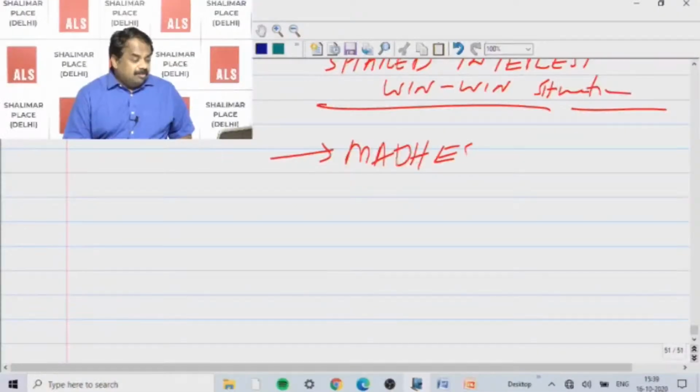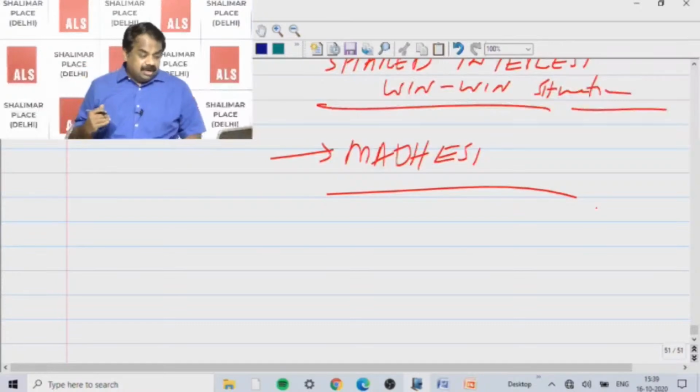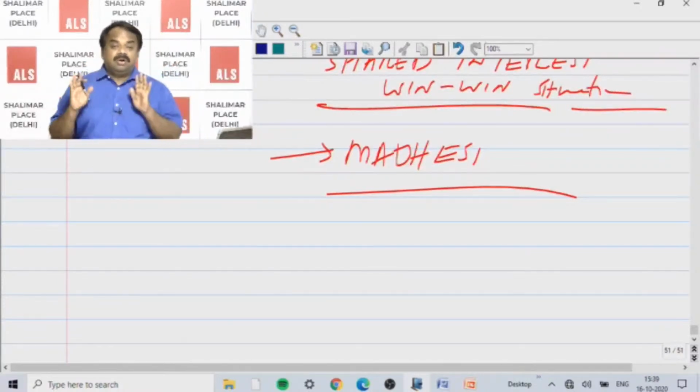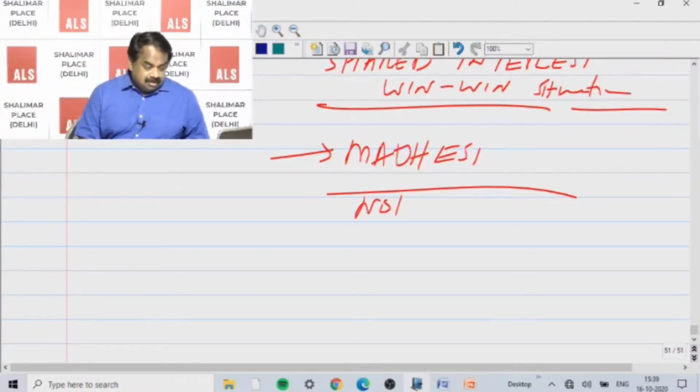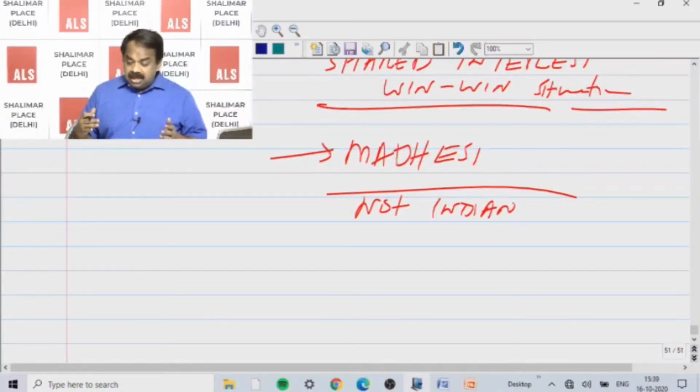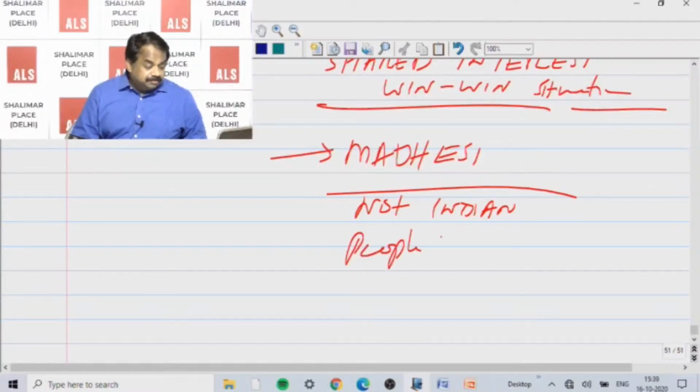And another point I would like to make is the Madheshi issue. I have only one answer, as you asked earlier also. Madheshis are not Indians. They are not even, we can say, NRIs. They are only people of Indian origin.